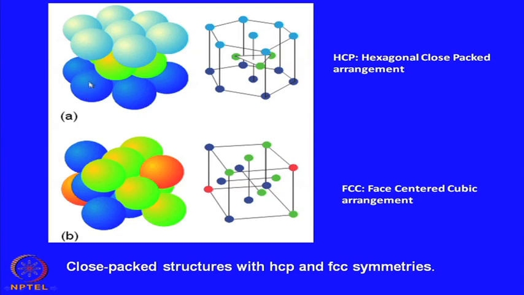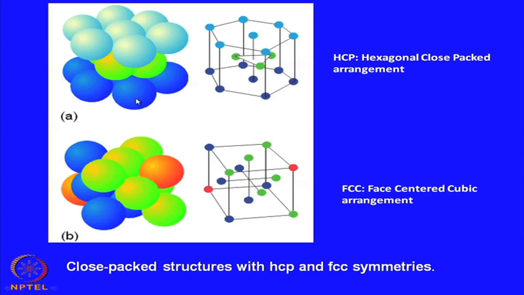In this particular structure, the third layer is exactly vertically above the first layer. So, if we call this layer the A layer and the middle layer the B layer, the top layer we can call an A layer, which is equivalent to the first A layer.